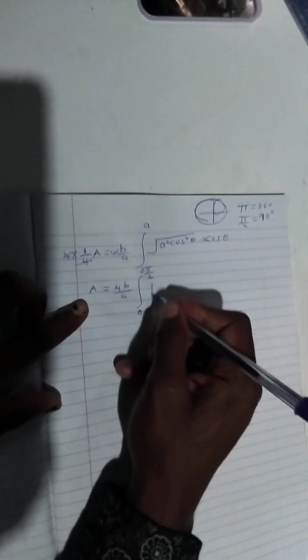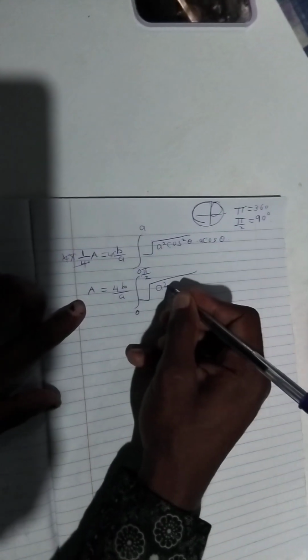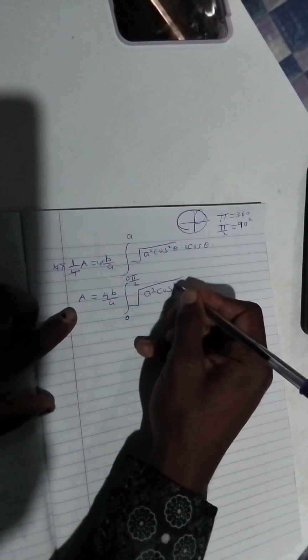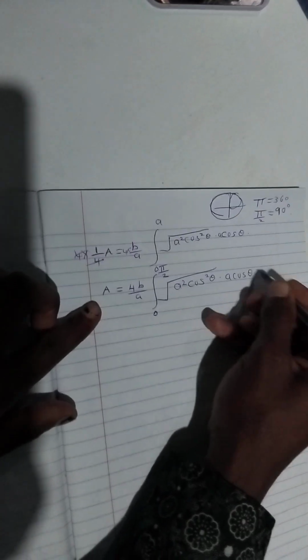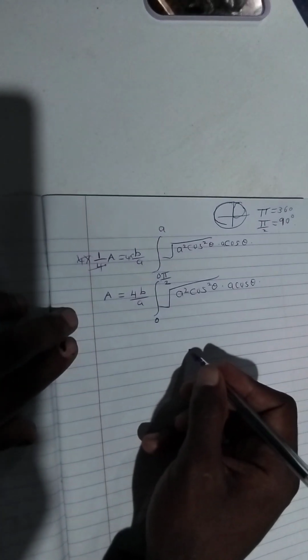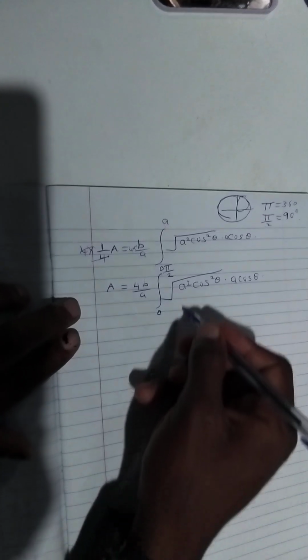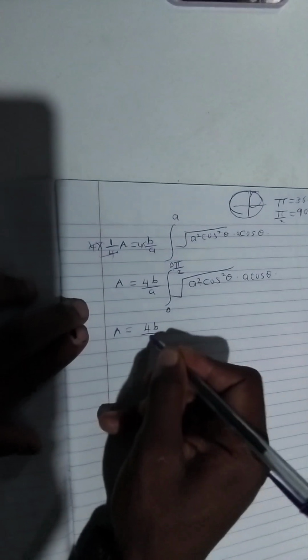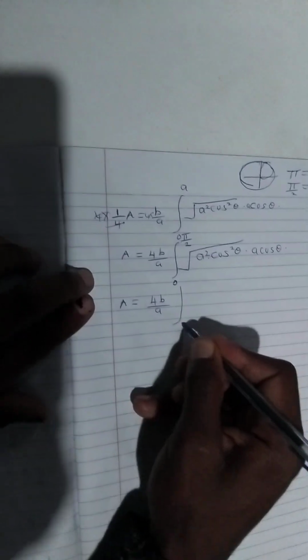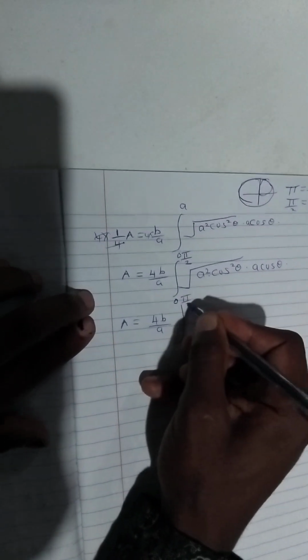Then from there we shall consider a squared multiplied by cos squared theta multiplied by a cos theta. From this we can find the square root and have area equal to 4b all over a, from 0 to pi all over 2.